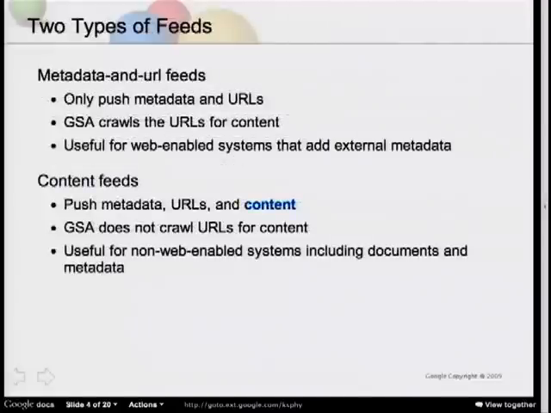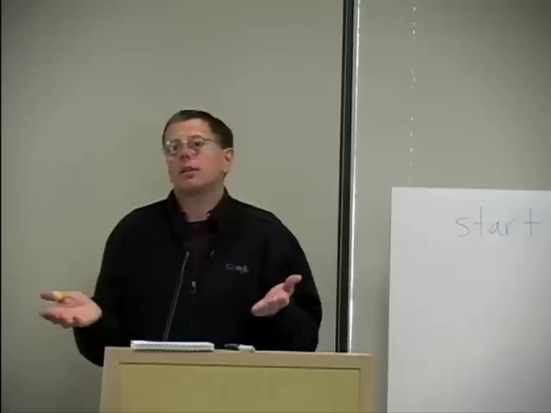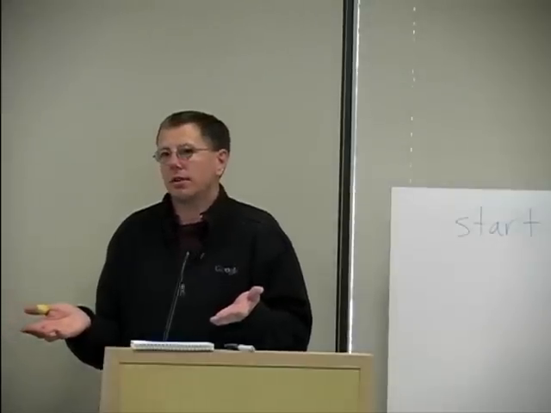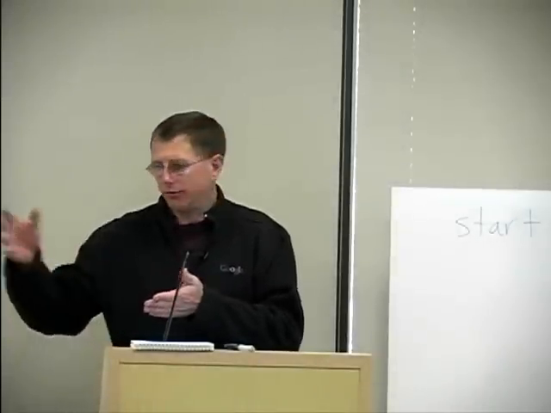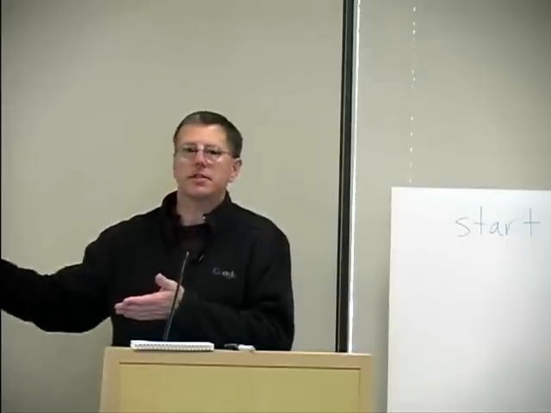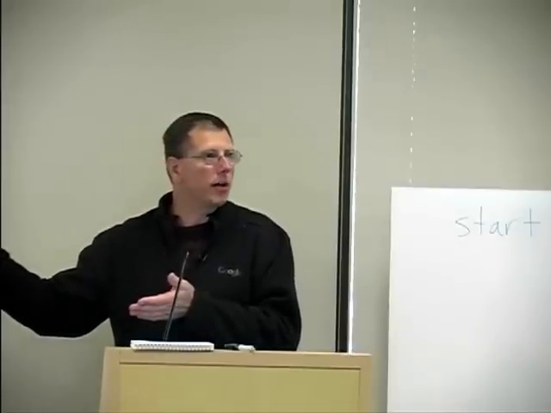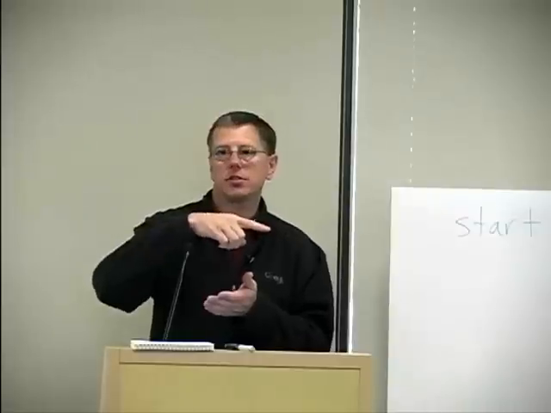Now, the two types of feeds are what we call a metadata and URL feed, which only sends the URL, the unique identifier, and the metadata. So if you have documents on a SharePoint server, and you want to include them, you can use a metadata and URL feed to find the URLs to those specific documents and get the metadata out of the SharePoint API and send that over to the GSA.